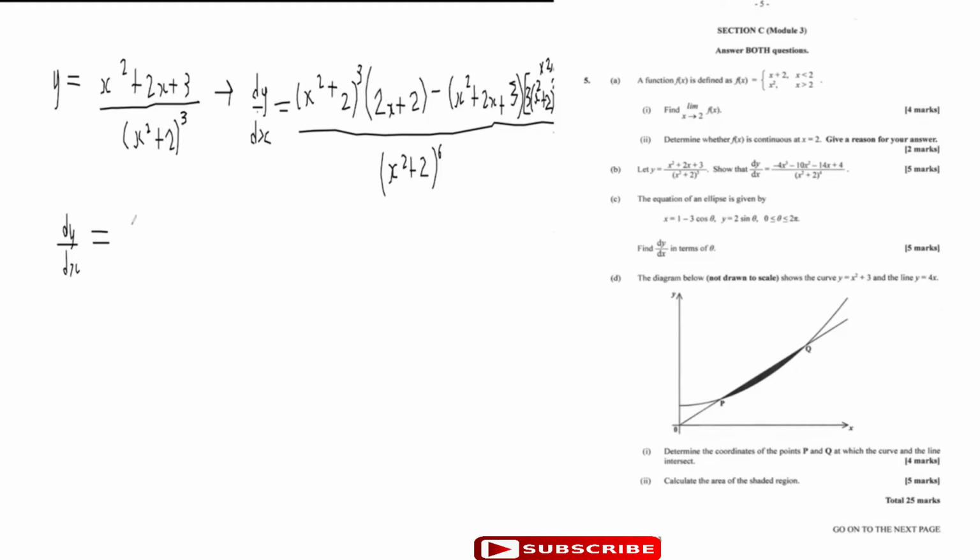So instead, I'm going to factor out x squared plus 2 squared. I'm going to factor out x squared plus 2 squared. And in here, I'm going to be left with an x squared plus 2 that is then going to be multiplied by 2x plus 2.